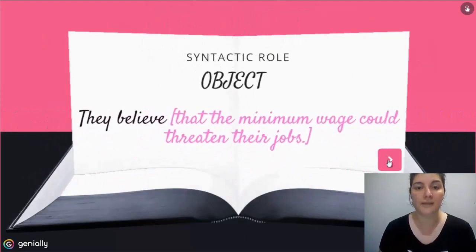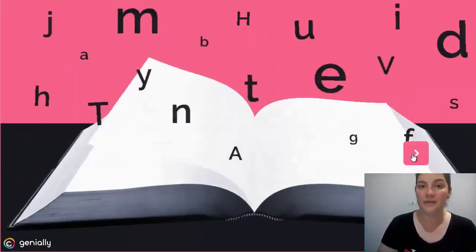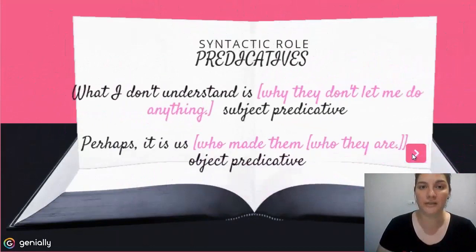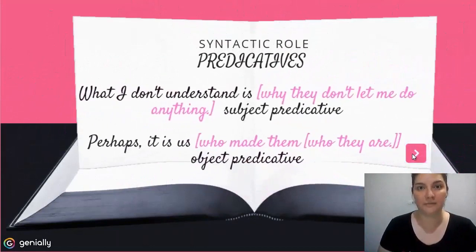In this case, we can see the finite dependent clause placed in the slot of an object. It's placed also after a transitive verb, which is believe. Believe what? That the minimum wage would threaten their jobs. That's the direct object.